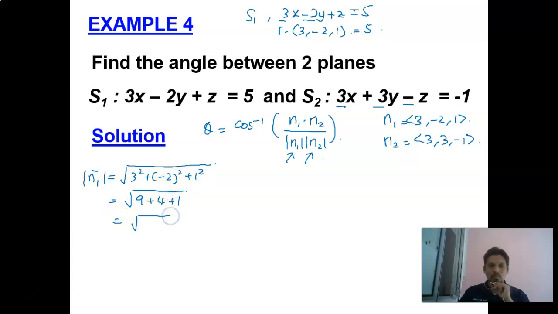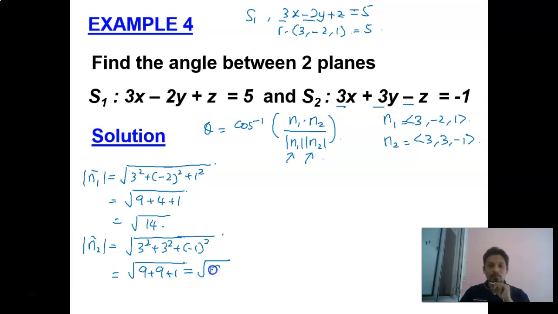So 9 plus 4 is 13, plus 1 is 14. And the absolute value of n2 is the square root of 3 squared plus 3 squared plus negative 1 squared. So it is 9 plus 9 plus 1, equal to the square root of 19.